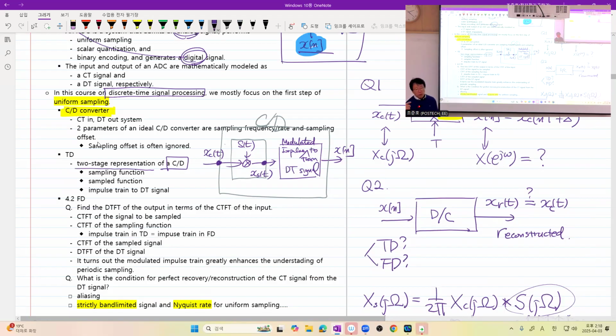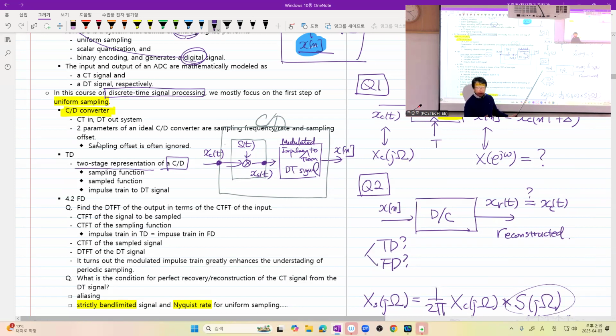But before we do that, in the last class meeting, we were exposed a little bit to the second problem. In the second problem, we wanted to reconstruct the continuous time signal as close as possible to the original signal by using the C2D converter output.